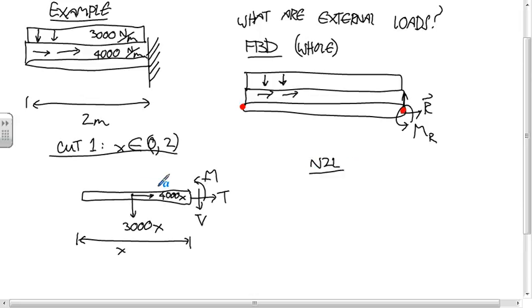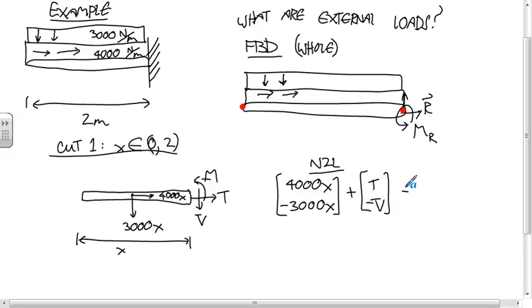You can write this as a single vector. So 4,000 x negative 3,000 x plus T negative V is equal to zero. So T is equal to negative 4,000 x, and V is equal to negative 3,000 x.